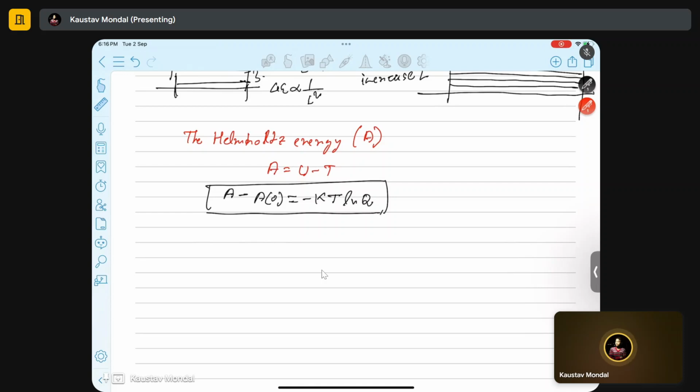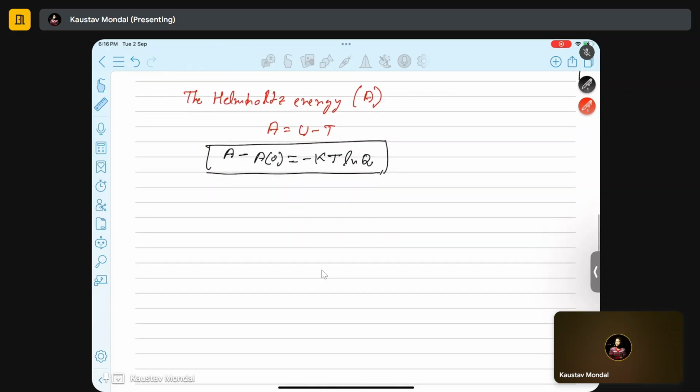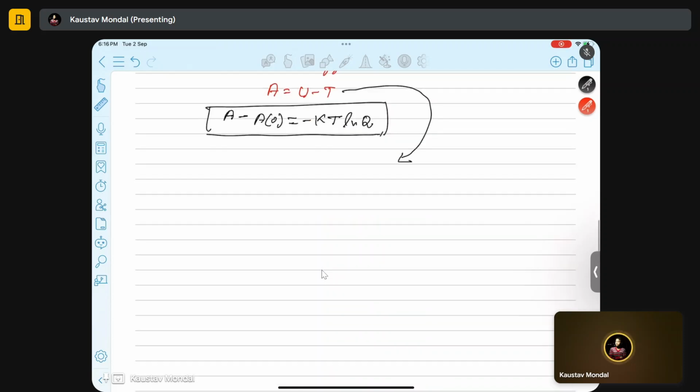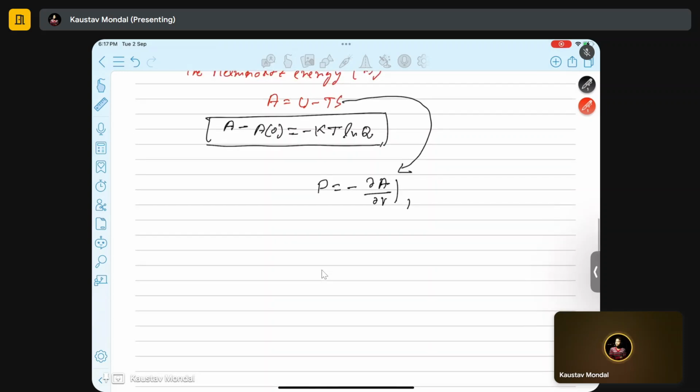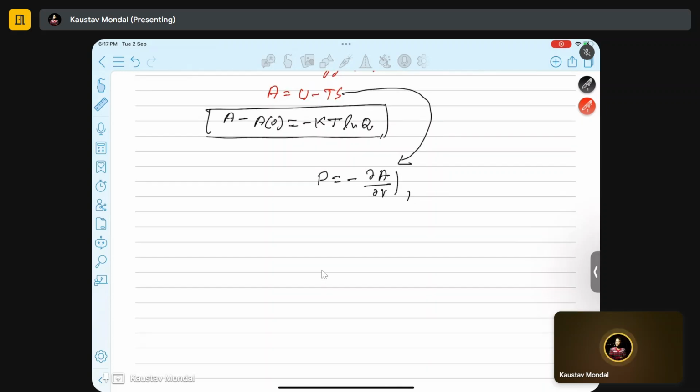Next thing that we have calculated is the pressure. From this Helmholtz energy itself we have derived the expression of the pressure, because pressure can be written like this: minus delta A by delta V, where A is the Helmholtz energy at constant temperature. This is the thermodynamic expression of pressure for any kind of thermodynamic system, a general expression.